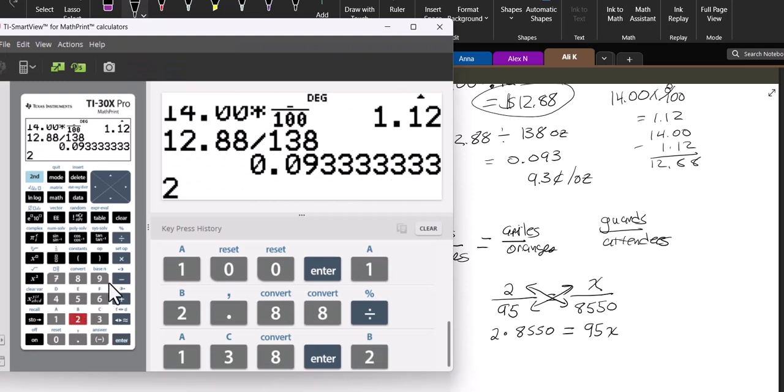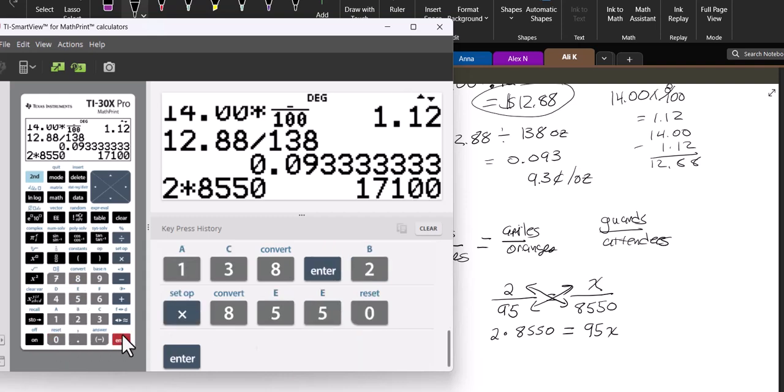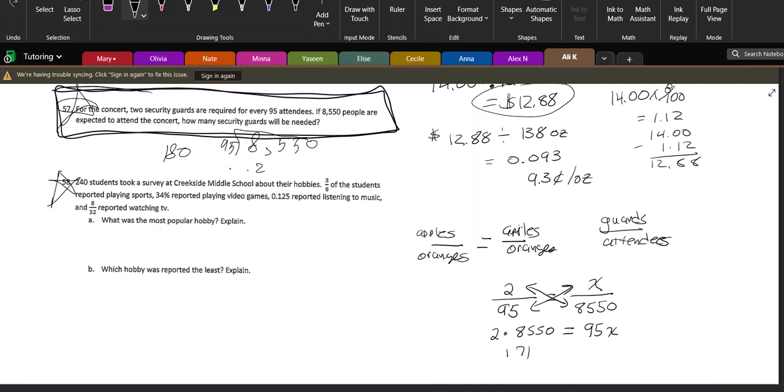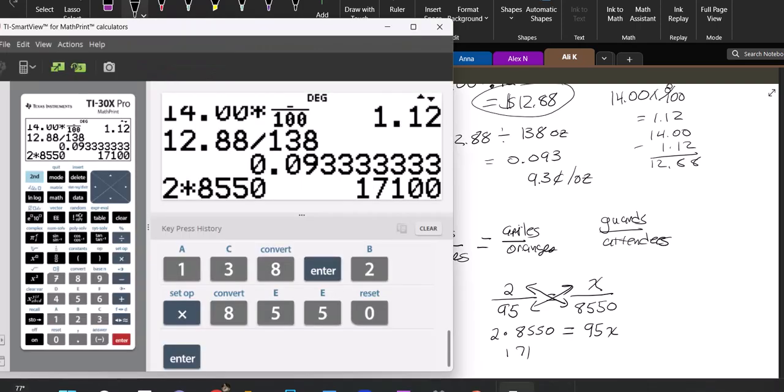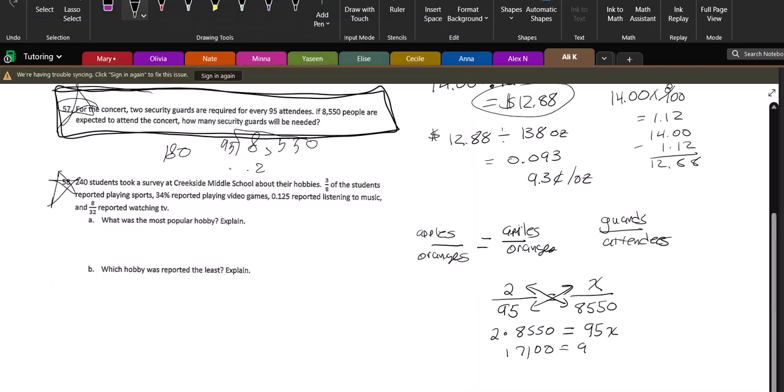So 2 times 8550 equals 17100 equals 95x. Divide both sides by 95.